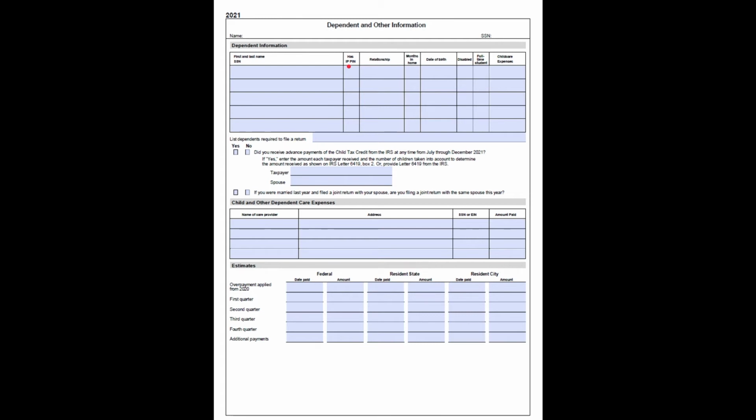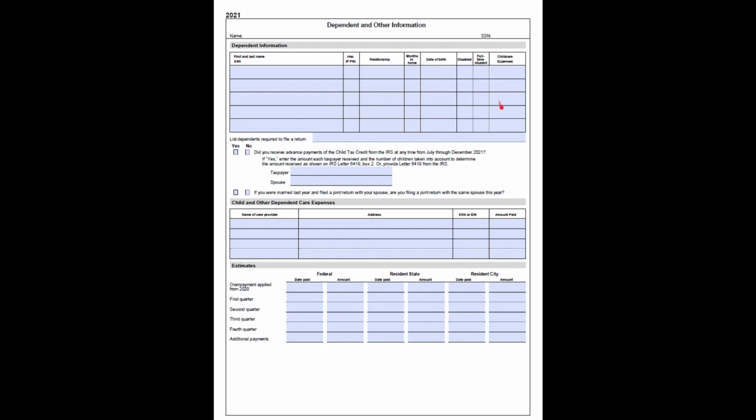If the dependent has an IP PIN, you're going to need to provide that information, provide the relationship to you, son, daughter, mother, father, months in home for this tax year, so this should not exceed 12 months, the date of birth of the dependent, and then you're just going to check the box if they are disabled or a full-time student. Here to the right, you're going to be entering the child care expenses.